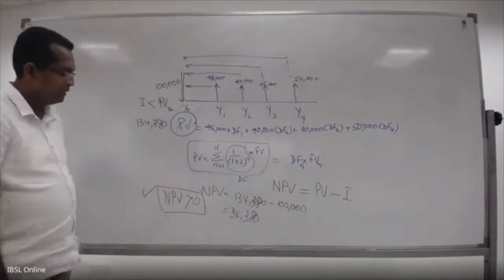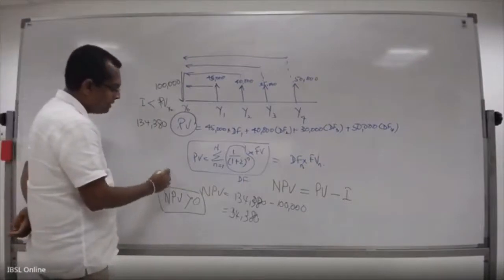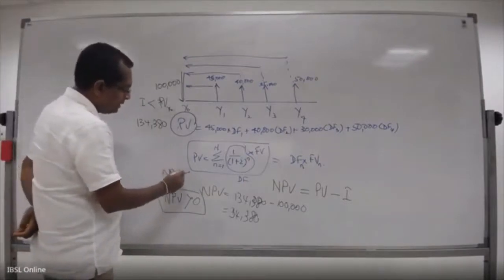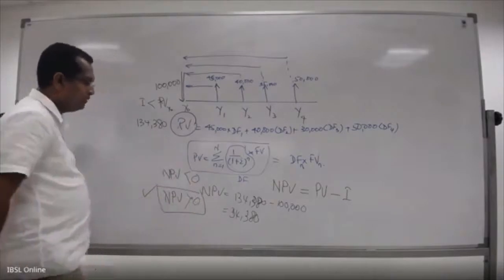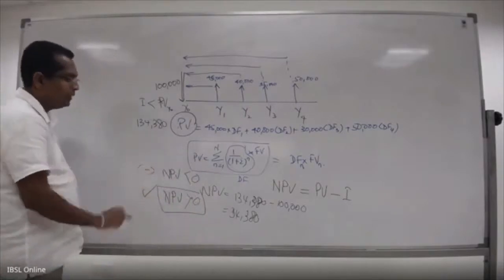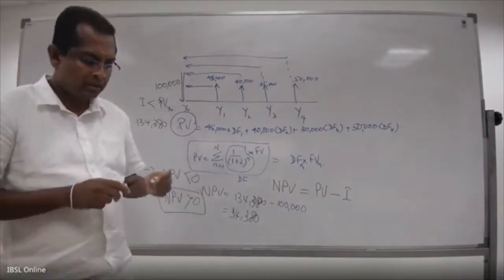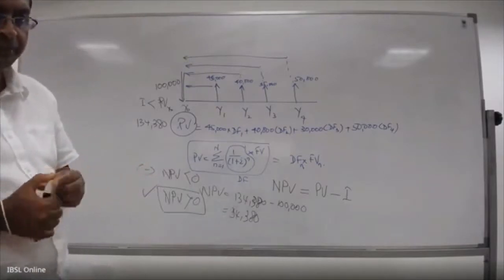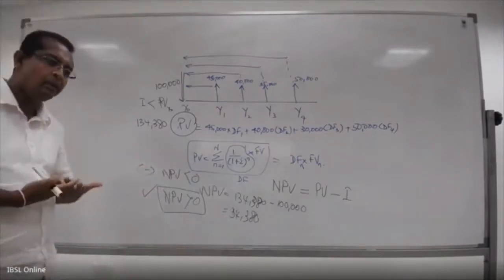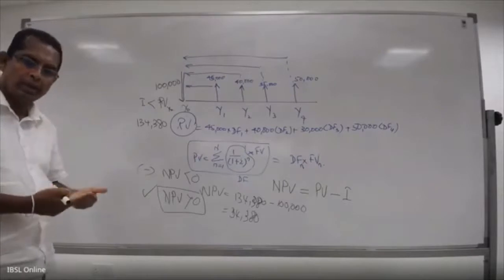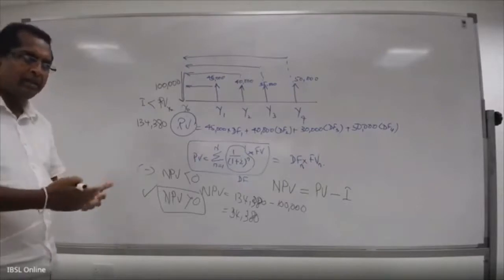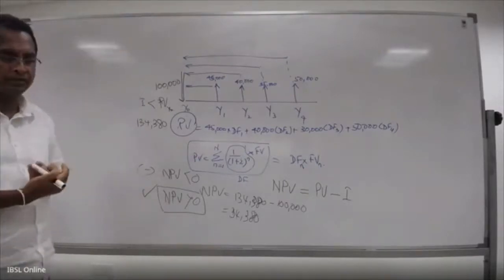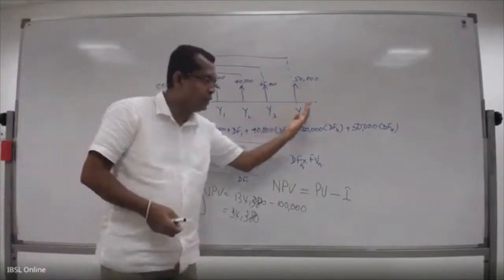If net present value is less than 0, which is negative, then we don't take that kind of projects, because it is better to hold my 100,000 today than investing and getting money in the future, because I will not even get my 100,000.